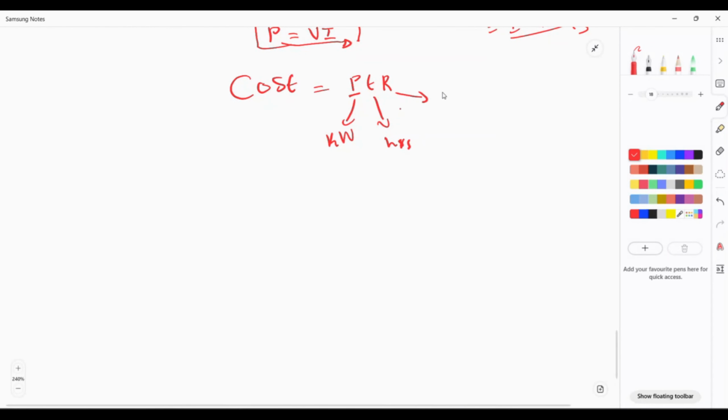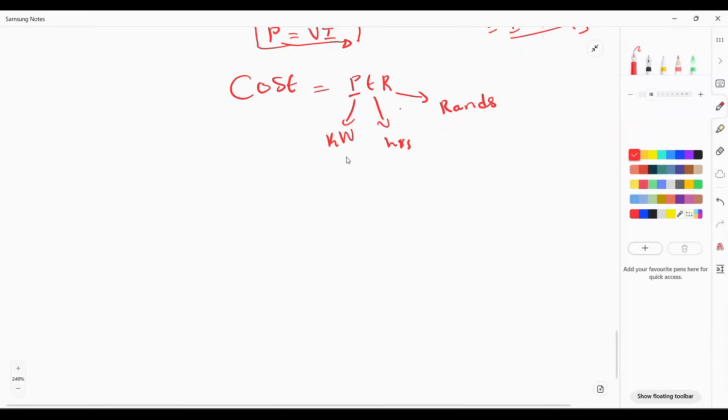And R is the cost, the amount in rands. Sometimes you're going to be given cents, 100 cents, 90 cents, whatever. You just have to play around with the maths over the conversion, as simple as that.